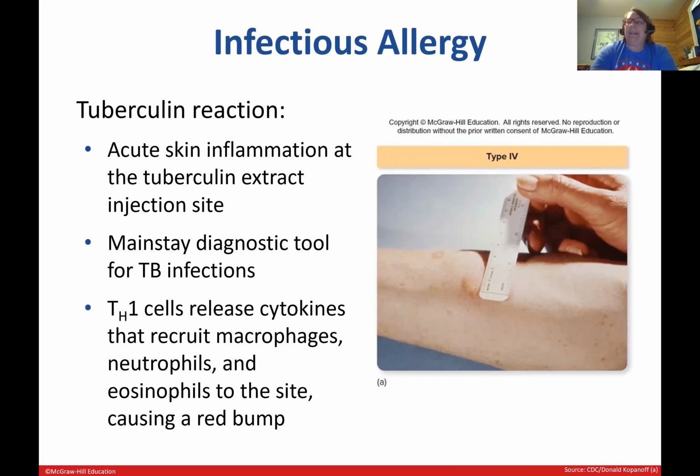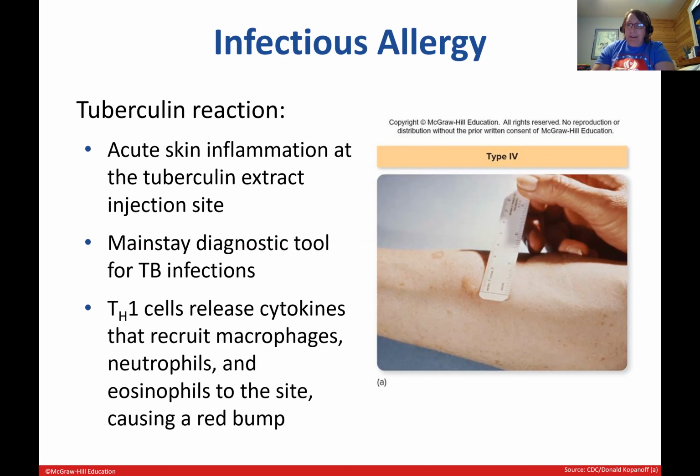So a classic example of this is our tuberculosis test. Basically, the tuberculin toxin is injected into the skin, a very shallow injection, and the acute skin inflammation that occurs if you have been exposed to tuberculosis is the way that you know that you've had that positive exposure.